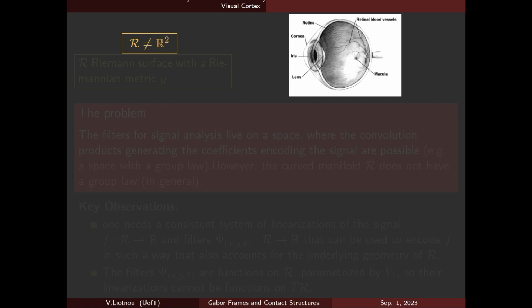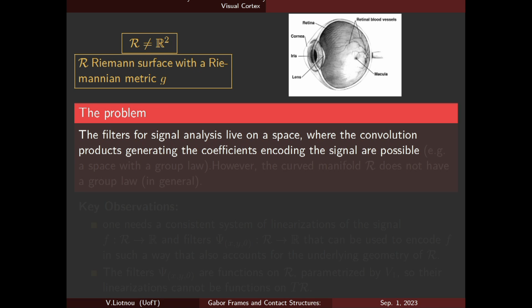So again, the answer would be much easier if we assume flatness for the retina. But instead, we want to assume that it's a Riemann surface with a Riemannian metric. And the problem is that if one wants to define the filters for signal analysis on a Riemann surface with a Riemannian metric, we will stumble into the problem that we don't necessarily have a group law that will give us convolution products.